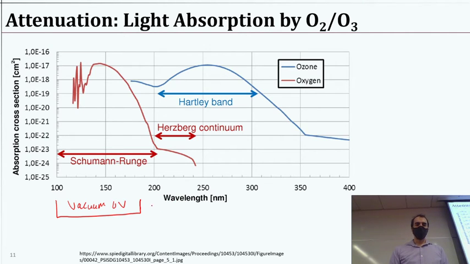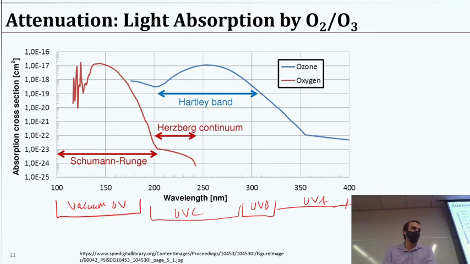And then from about 200, maybe if we define it a little different, somewhere around 180 to 200, up to kind of 280, this is UVC. Then we've got UVB, small portion there, and then UVA, up till visible. So if we consider this and then look at it in reference to where ozone and oxygen absorb light, we see the role of the ozone layer.